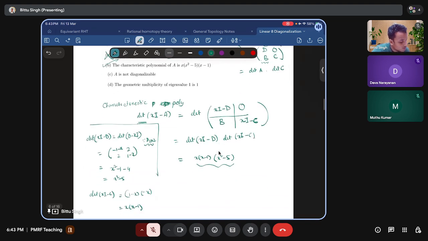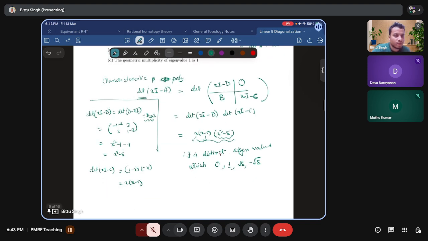You can see there are 4 distinct eigenvalues, which are: x equal to 0, so 0 is an eigenvalue; x equal to 1 if we equate with 0, so 1 is an eigenvalue; and x equal to plus minus root 5, so root 5 and minus root 5. There are 4 distinct eigenvalues.